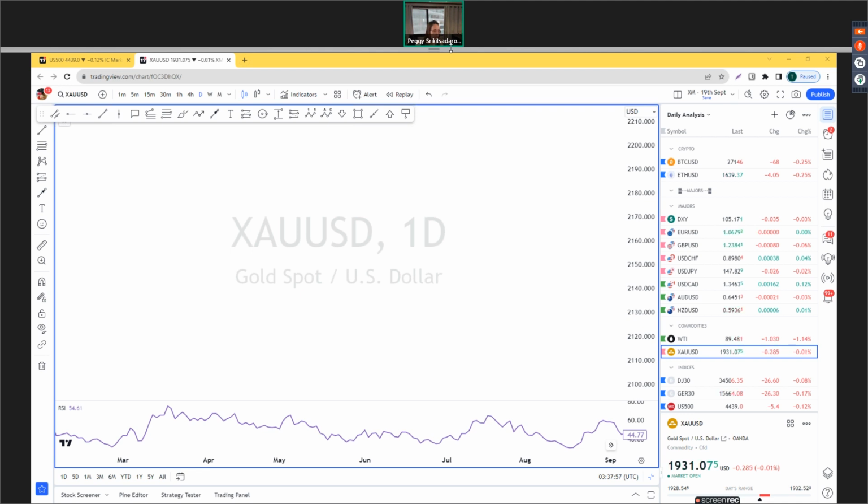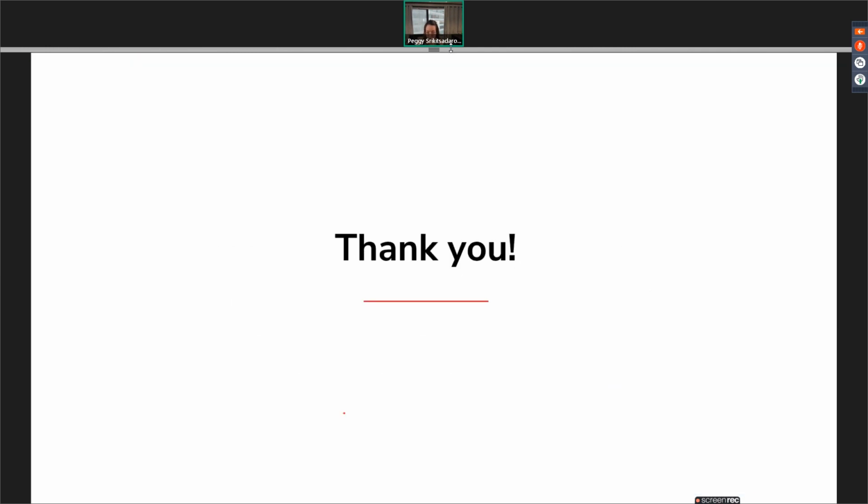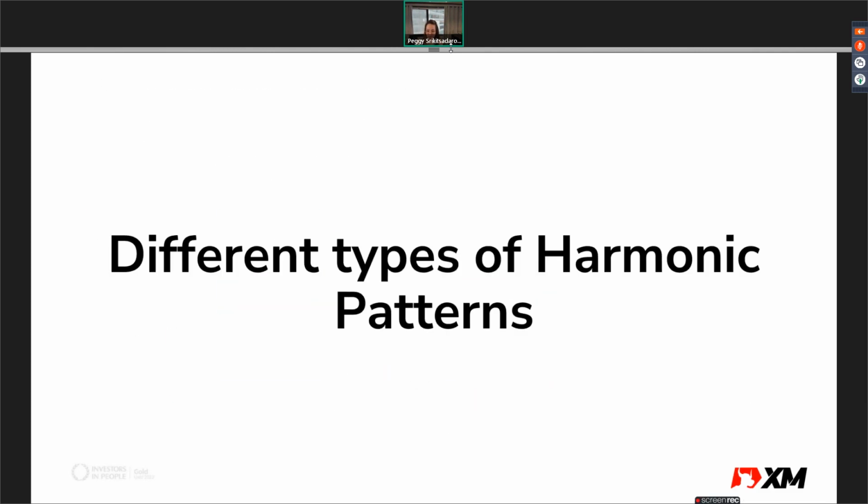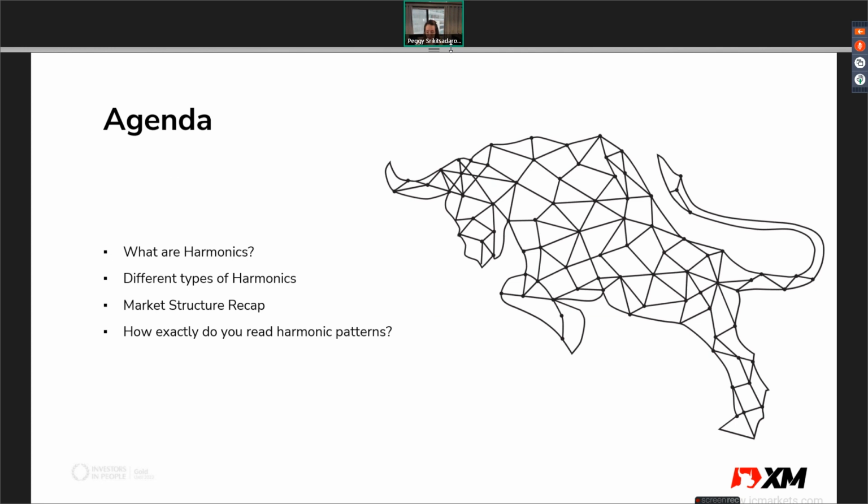This slide, we have bat, and we have alternate bat. I showed you just now the alternate bat, which is this one. You remember this?